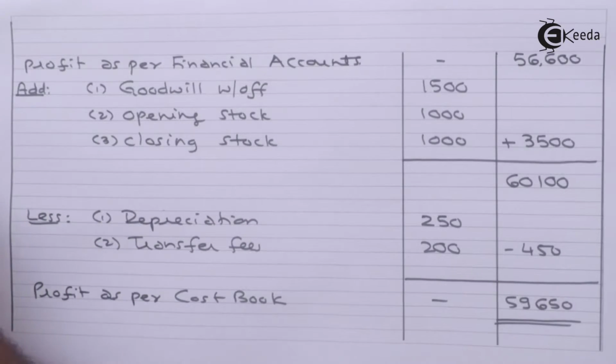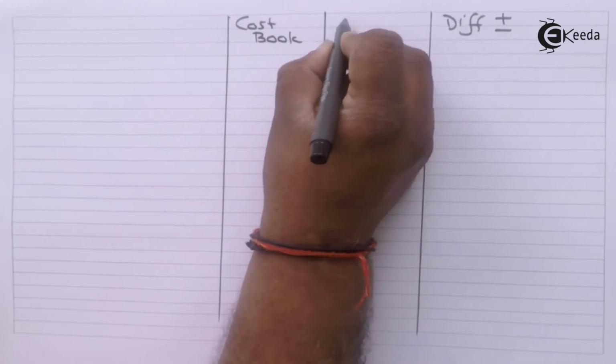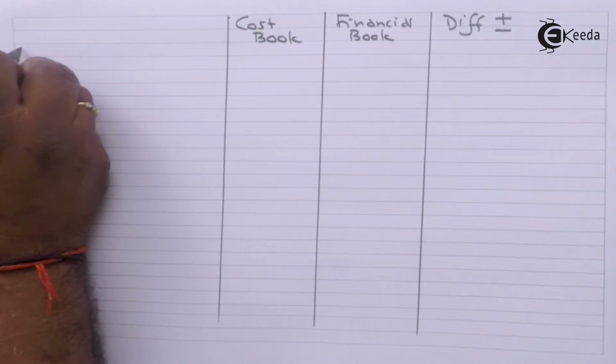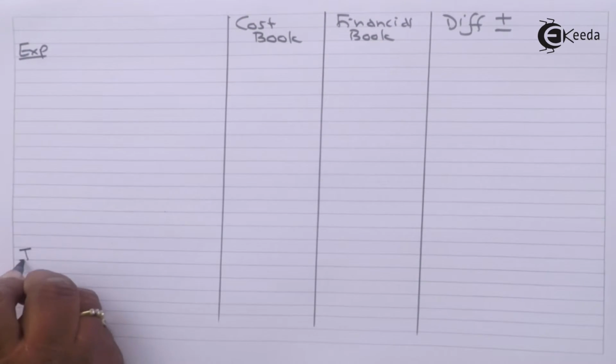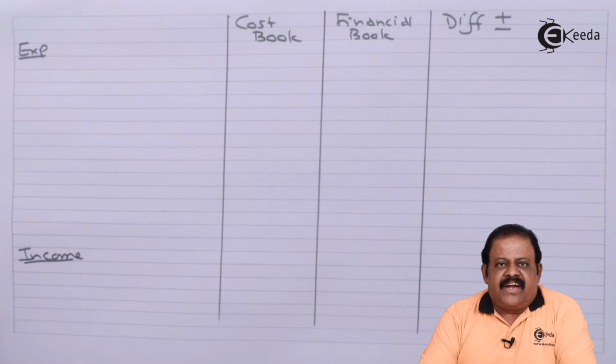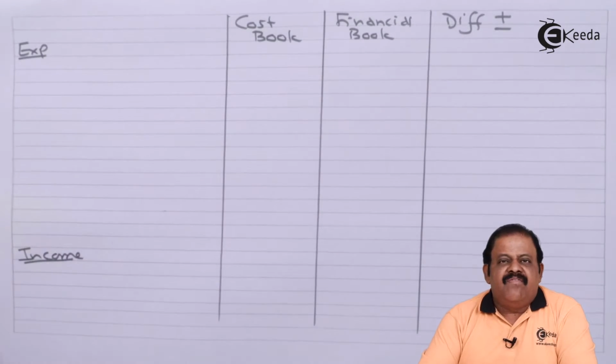As per the question, we are also required to prepare profit reconciliation statement by taking costing profit as a starting point. If we are to prepare profit reconciliation statement starting with cost book profit, our first amount column will be cost book, second amount column will be financial book.